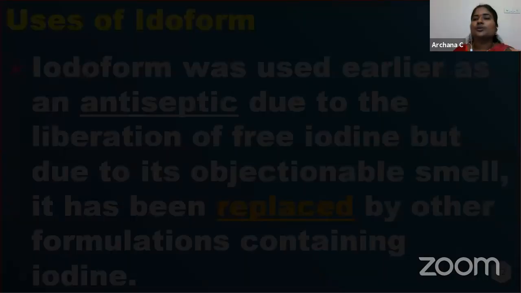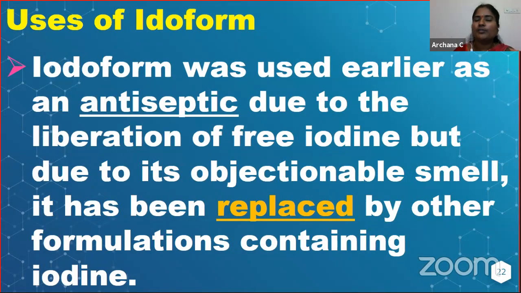Next, the uses of iodoform. Earlier, iodoform was used as an antiseptic whenever we had wounds, due to the liberation of free iodine. Now, due to objections to its smell, it has been replaced by formulations containing iodine.